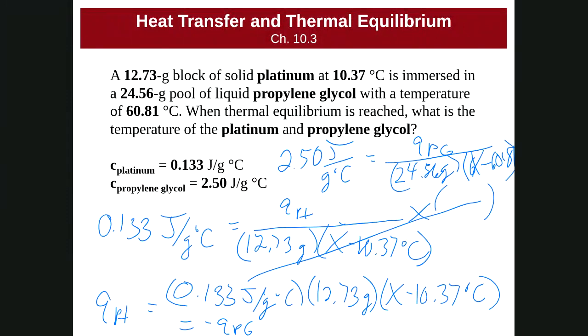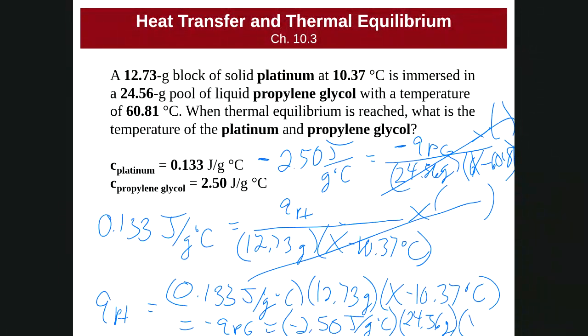And we multiply both sides by the stuff on the bottom. So we're going to see that if this is negative QPG, then this has to be negative. So it's going to be equal to negative 2.50 joules per gram degrees Celsius times 24.56 grams times X minus 60.81.